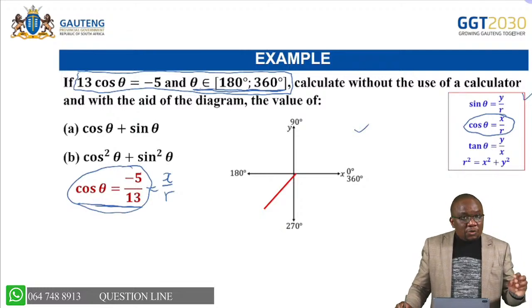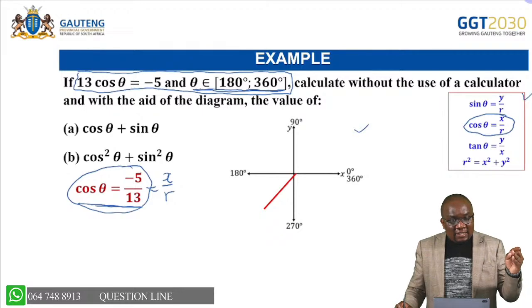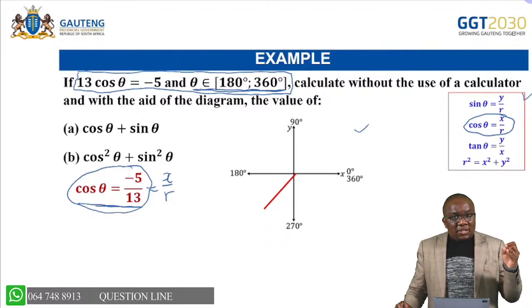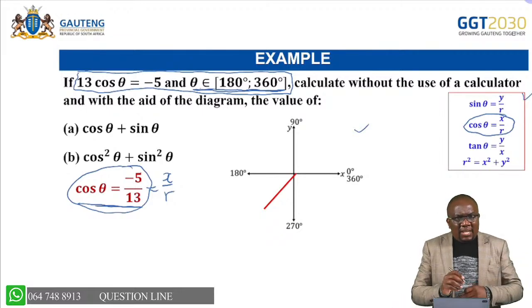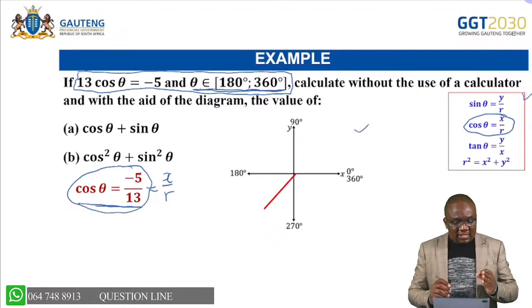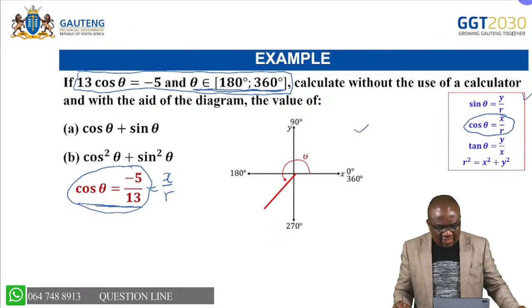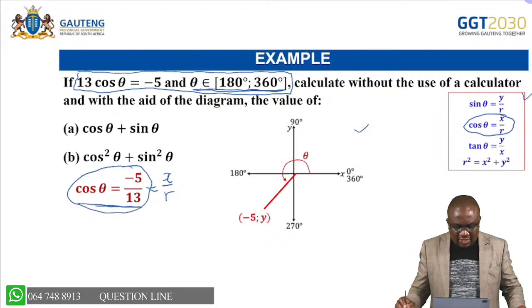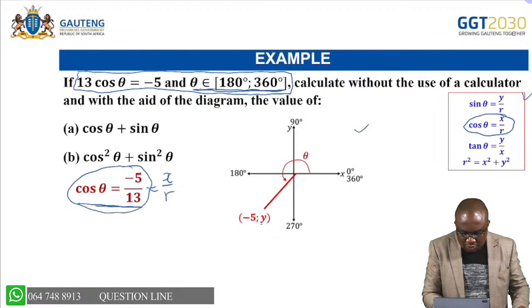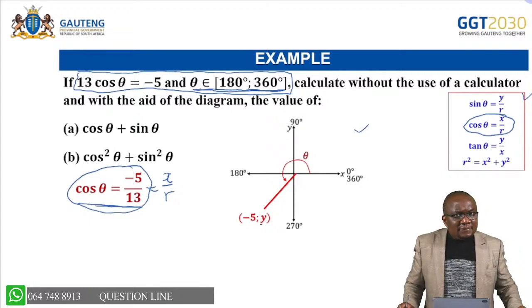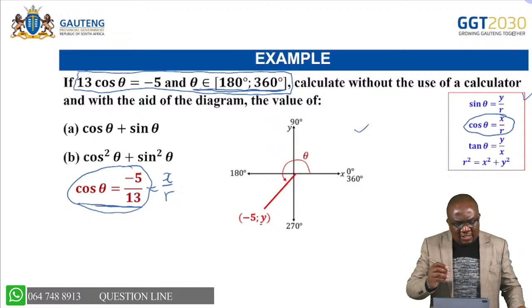Okay. Right. We have x, we have r. What do we need? We need y. Let's put our x and r on the diagram. So we have our x and r there. This is our x, negative 5. We don't know the y. Where is r? That's the terminal ray, the length of the terminal ray.